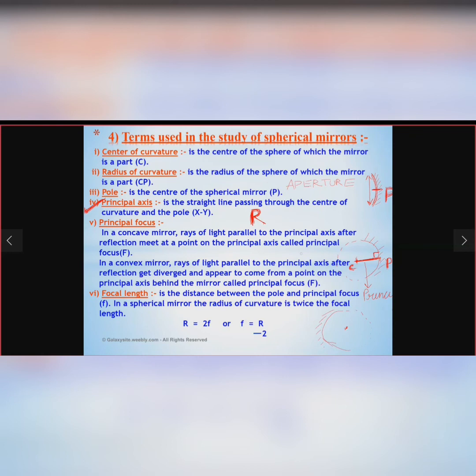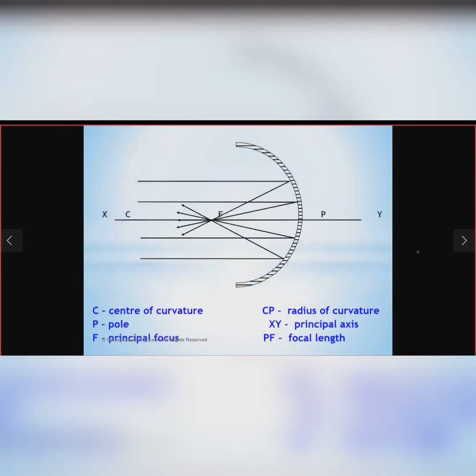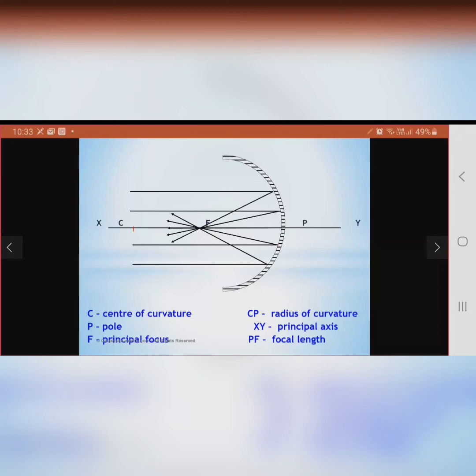Now, when we are talking about the principal axis, let's go to this diagram. Exactly midway between the pole and the center of curvature, there is a point at which the rays from a concave mirror will meet after reflection. Which rays?